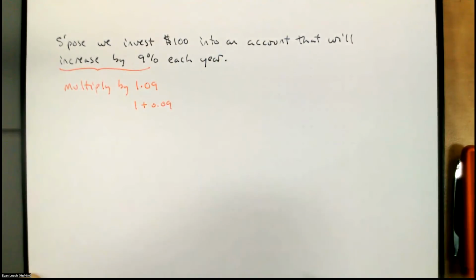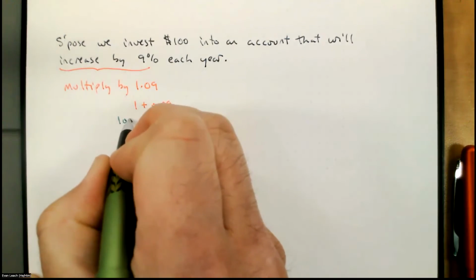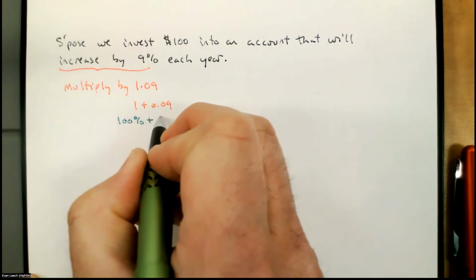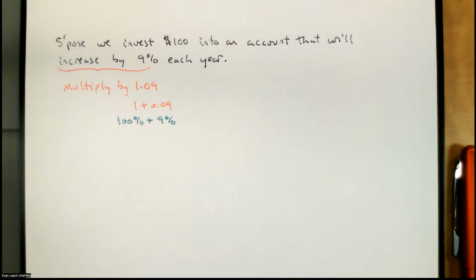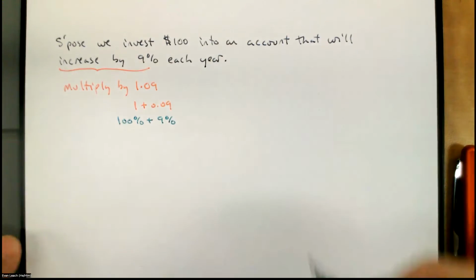That's 100%. So if something is increasing by a percentage, it's increasing by multiplication. If it was 12, then we multiply by 1.12, and so on.